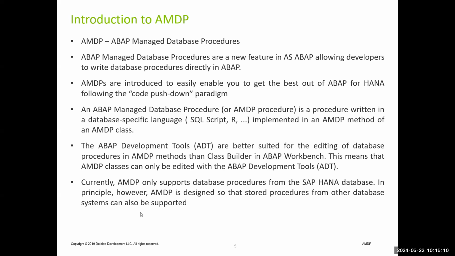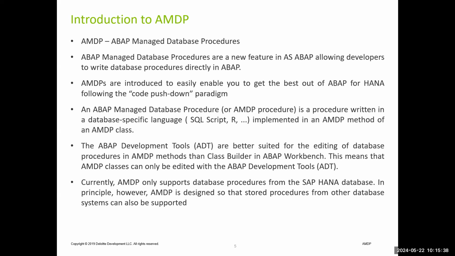Currently AMDP only supports database procedures from SAP HANA database. In principle, however, AMDP is designed so that the stored procedures from other database systems can also be supported. What this means is, right now, when we write any kind of AMDP method or AMDP function, the database has to be SAP HANA database.